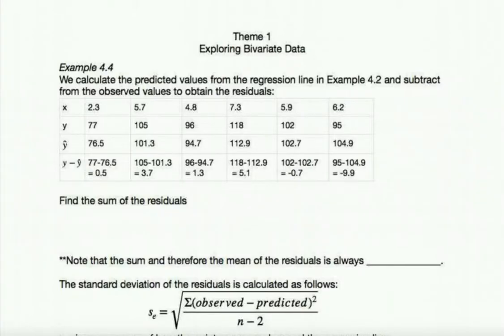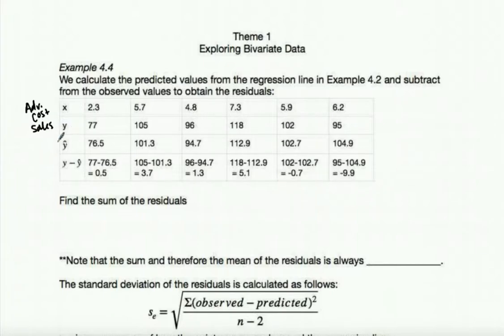Okay, example 4.4. We calculate the predicted values from the regression line back in example 4.2. Example 4.2 was about the advertising expenditures and the total sales for the 6 detergents. We had our X values, which was our advertising costs, and our Y values were our sales.